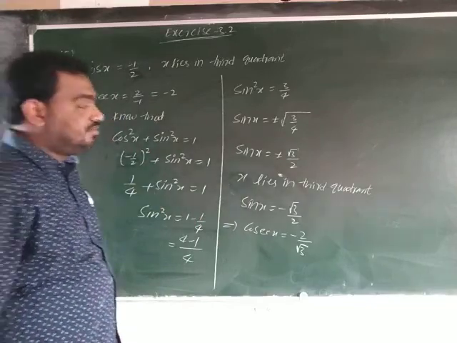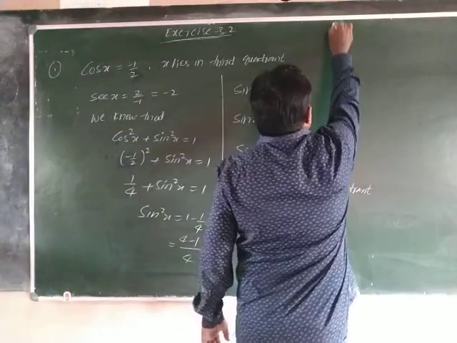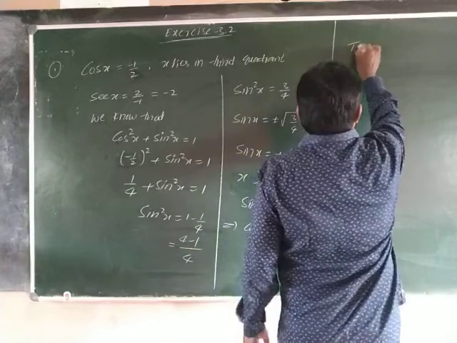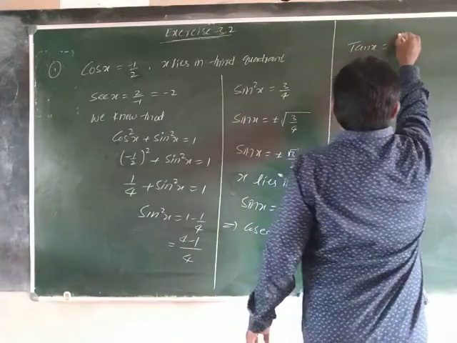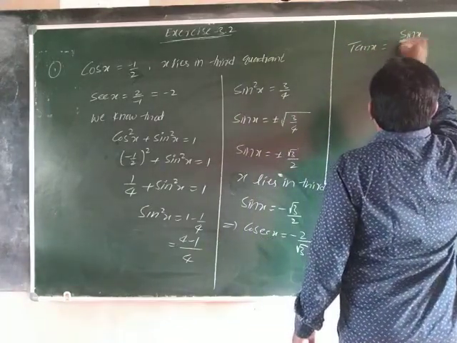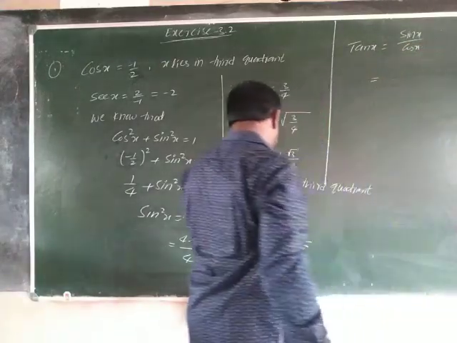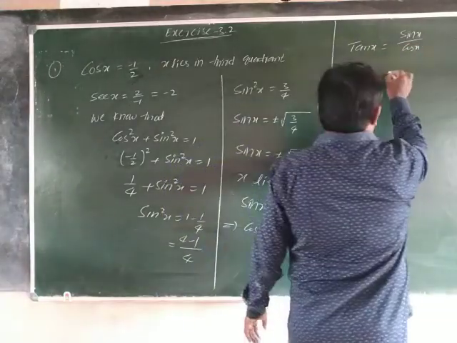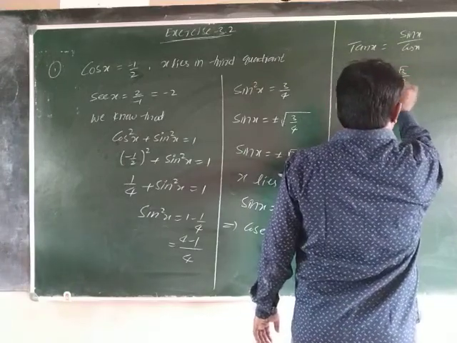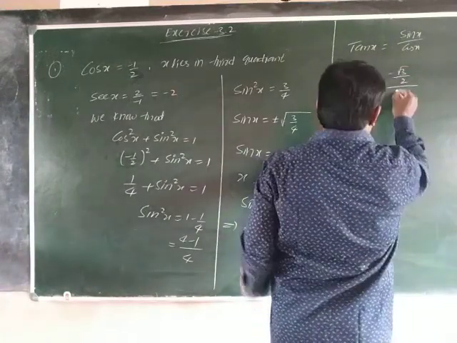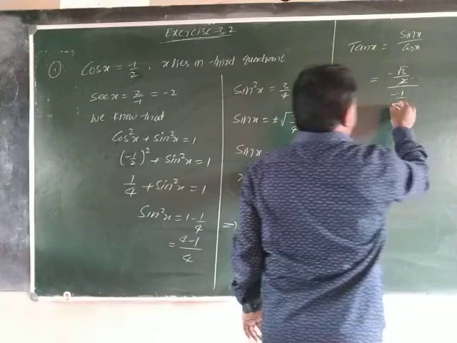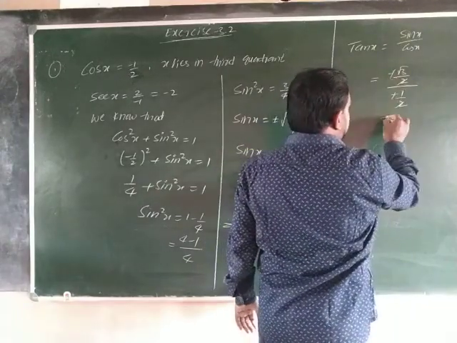Next, tan. Tan x is equal to sin x by cos x. What is the sin x value? Minus root 3 by 2. Cos x value is minus 1 by 2. The 2 gets cancelled, and minus minus also gets cancelled.